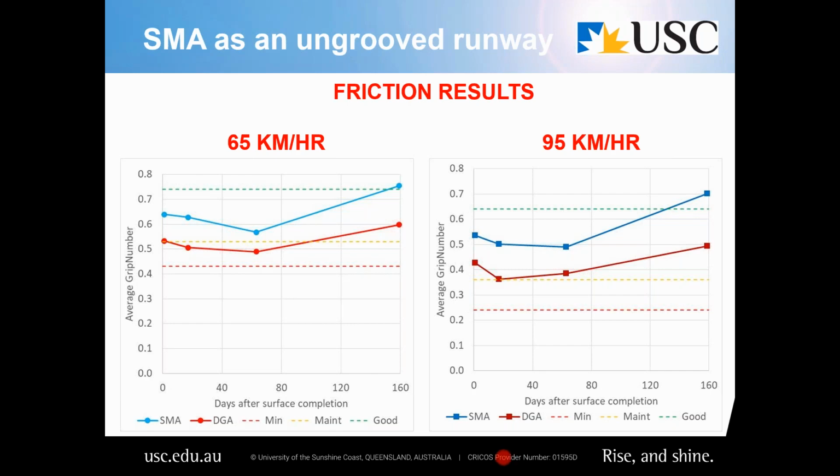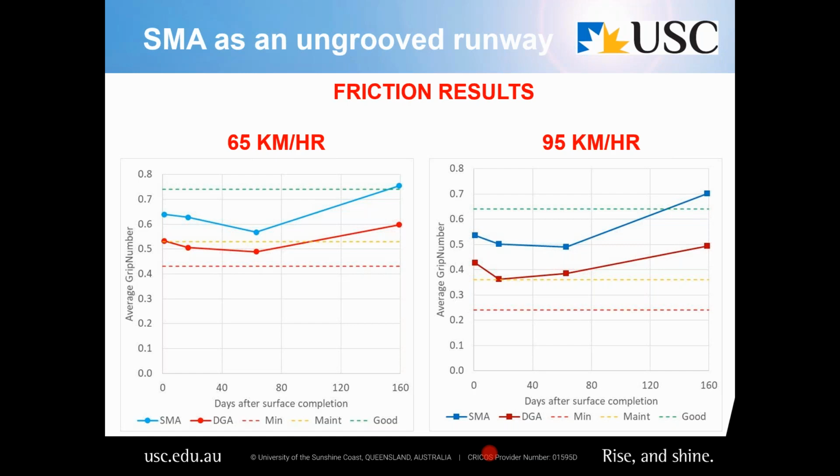The red lines are the dense graded average results, tested at different days. We tested the runway, particularly the trial section, on day 1, 17 days, 60 something days, and about 158 days after the trial was built.